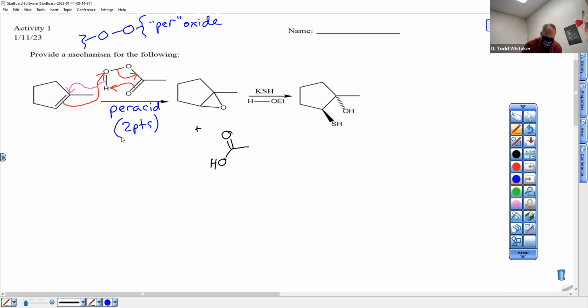And what functional group did we make? What critical functional group? Because we use these every test. It's an epoxide. And they get opened up with strong nucleophiles. There's no cations in your thinking.